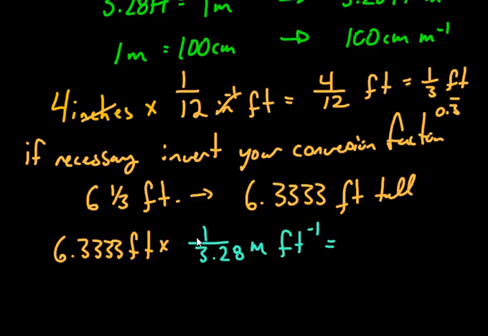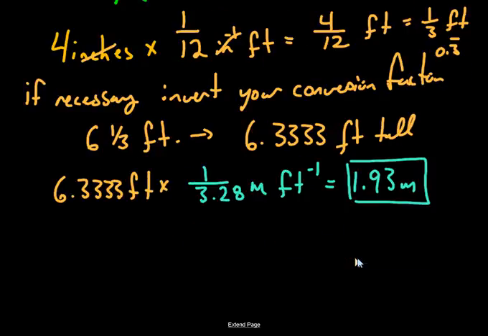So essentially what you're doing here is you're multiplying by 1 over 3.28. Multiplying by an inverted value is the same as just dividing by that. So on your calculator, you type in 6.333 times 1 divided by 3.28. Well, the times 1 part is just like saying 6.333, and then you're dividing by 3.28. And if you do that, you get about 1.93 meters. Okay, we're almost done.